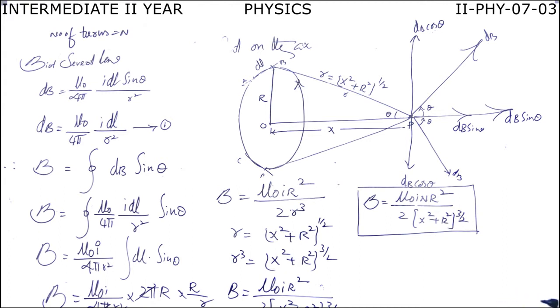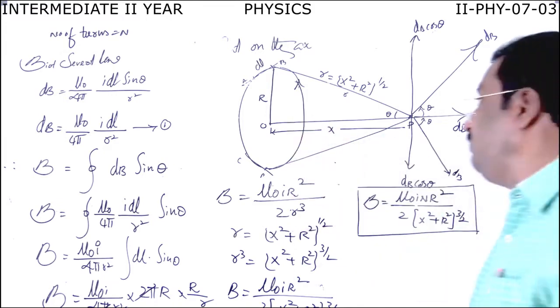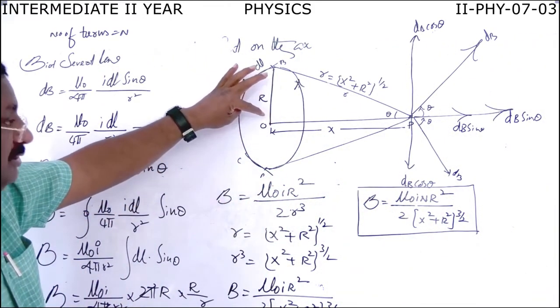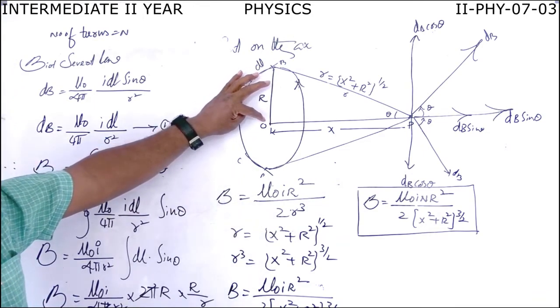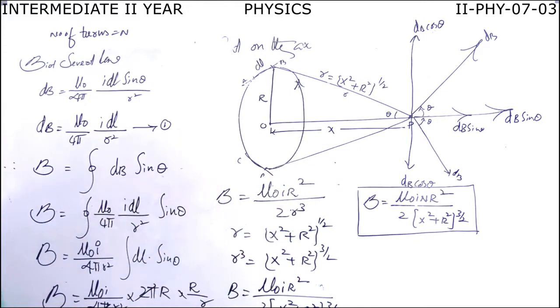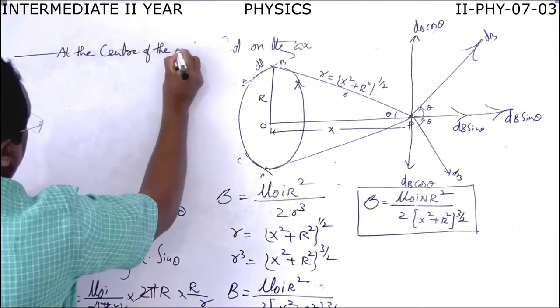But now we want to take the magnetic induction or the magnetic field at the center of the coil. If you want to find the magnetic field at the center of the coil, we take x equal to 0 in this equation.